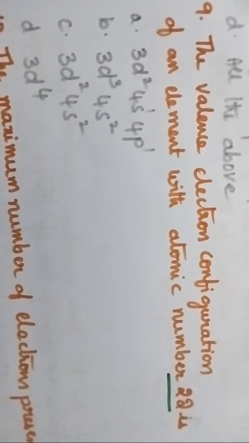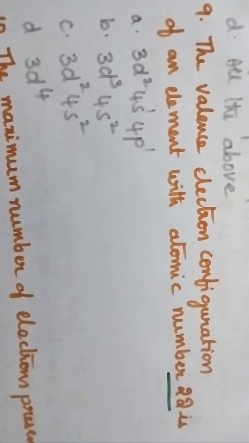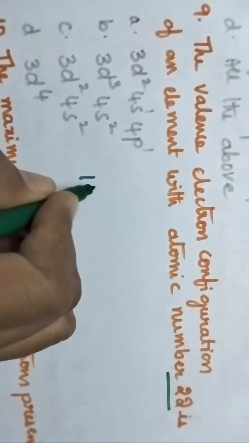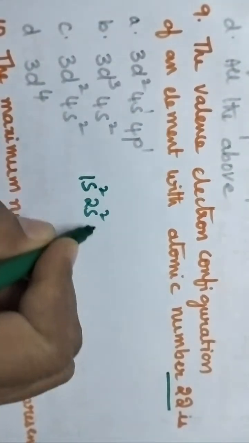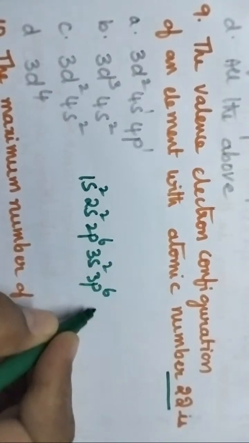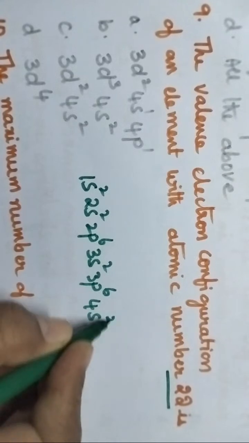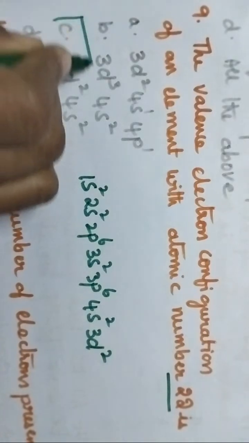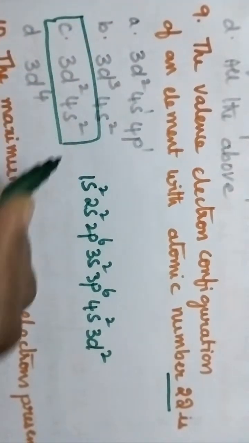What is the configuration of an element with atomic number 22? So 22 means 1s2, 2s2, 2p6, 3s2, 3p6, 4s2 and 3d2. Tilak, you are right. So that is option C, 3d2 and 4s2.